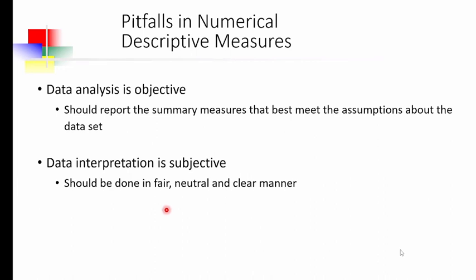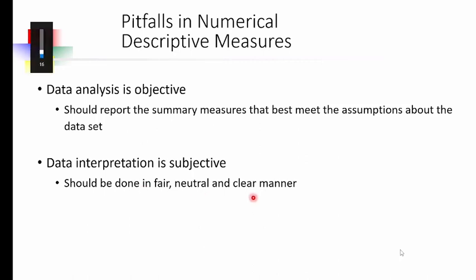Suppose you are going to summarize your data using the mean and standard deviation. So what are the actual values you got? Use those measures to write your decision regarding your data. Right? So it should be done in a fair, neutral, and clear manner.